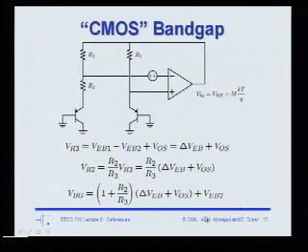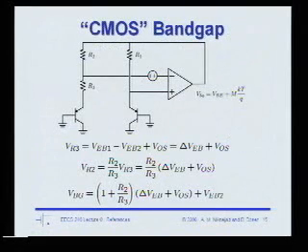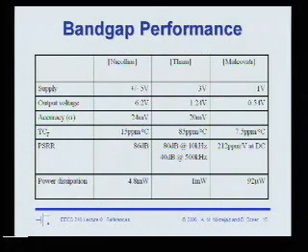So here is the total voltage. This is the VEB because it's a PNP device, so this VEB is positive. But so we get the VEB of this device plus this kT/q term, which is generated by the delta VBE. Okay, so I'll stop here, and if you're interested, you can read the references.